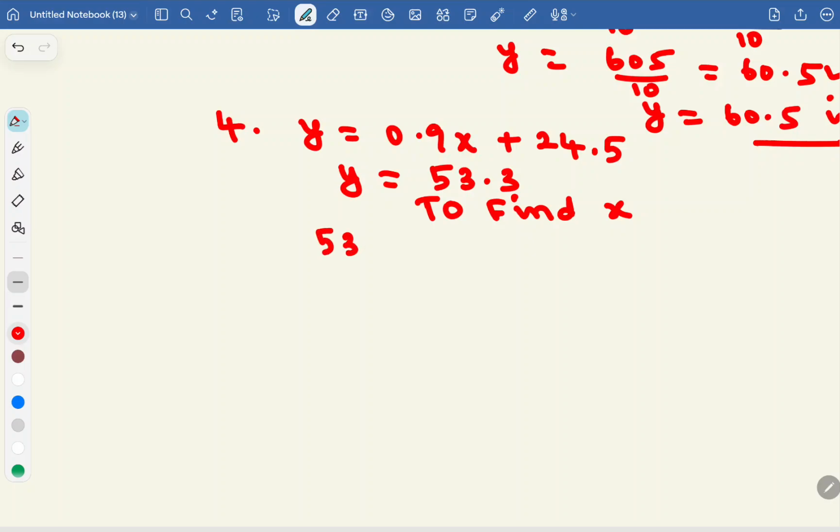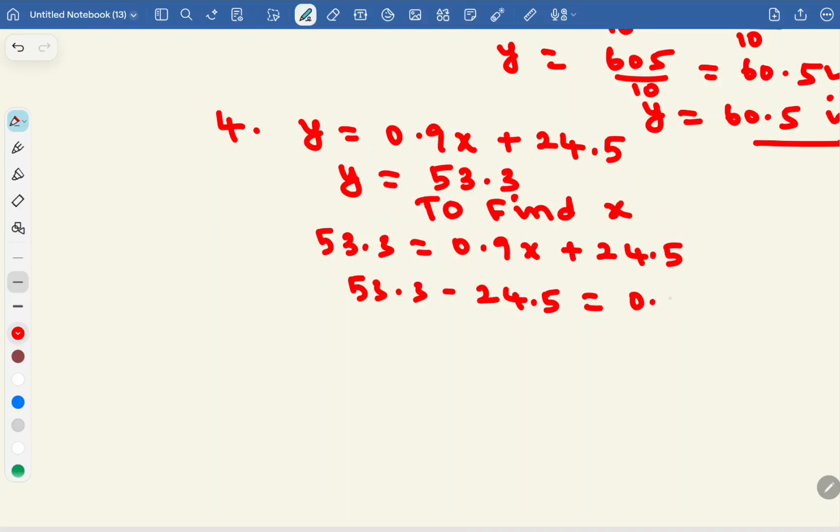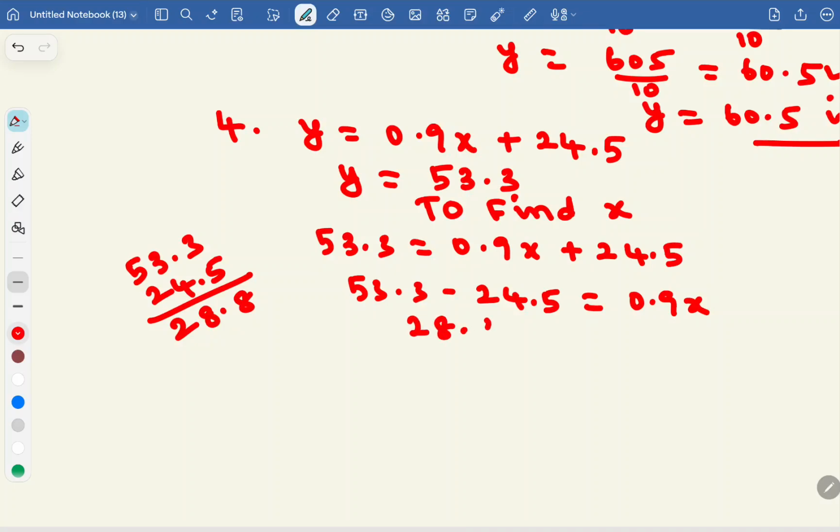Substitute 53.3, which is equivalent to 0.9x plus 24.5. 53.3 minus 24.5 equal to 0.9x. Subtract 53.3 minus 24.5, that is 28.8. So 28.8 equal to 0.9x.